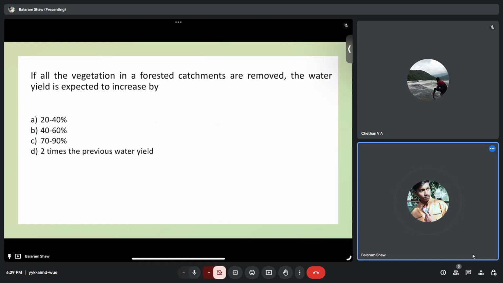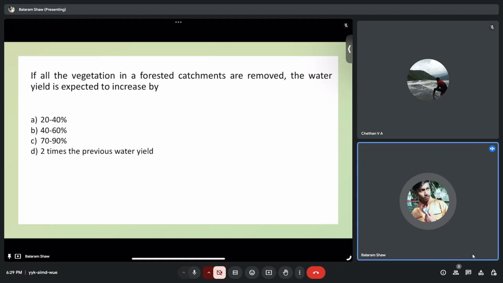Now let's say we cut down all the trees of that catchment. The water holding capacity of the trees will not be there, so the water retention of the soil will be very less, and hence the water yield will increase.